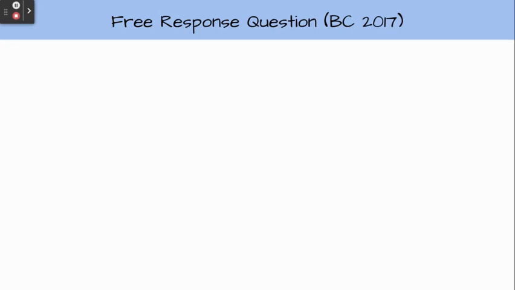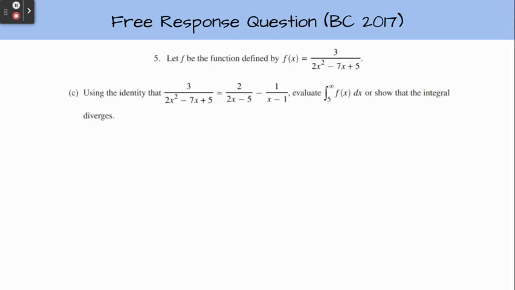All right, so now on to the free response question. This free response question was part of the Calculus BC test in 2017. So if you want to look up the full problem, since we're only going to do a part of it, or look up the scoring guidelines, you can do that. So it says let f be the function defined by f of x equals 3 over 2x squared minus 7x plus 5.